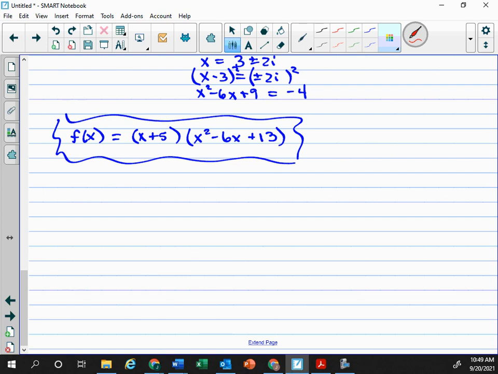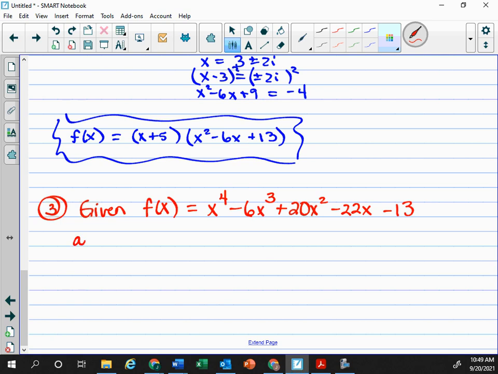All right. Different type of question here. You are given f of x is x to the 4th minus 6x cubed plus 20x squared minus 22x minus 13.